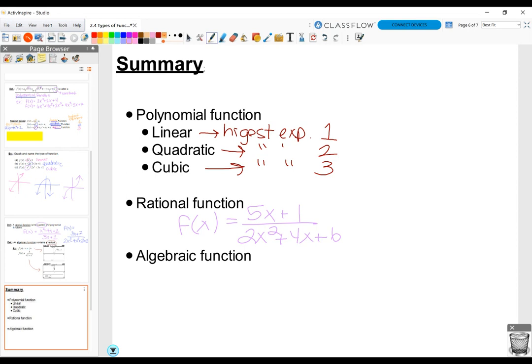Two polynomials with a division symbol, a quotient. And last but not least is an algebraic function, any function with a radical, even something as simple as the square root of x. These are the different types of functions we learned about today, and feel free to review this video if you need to.